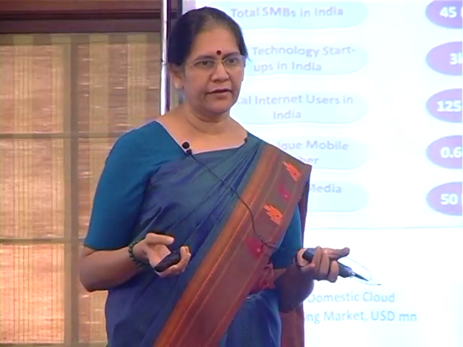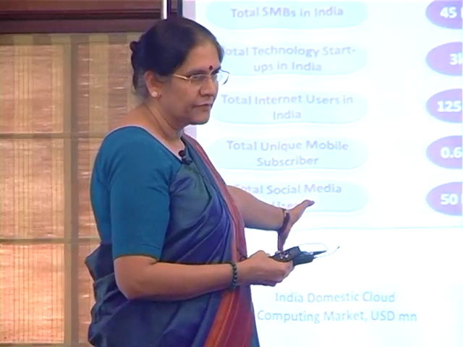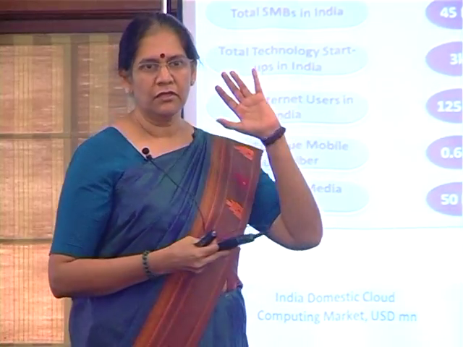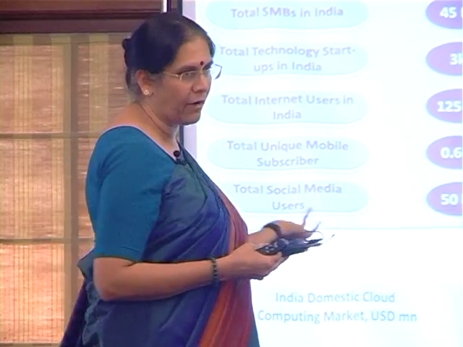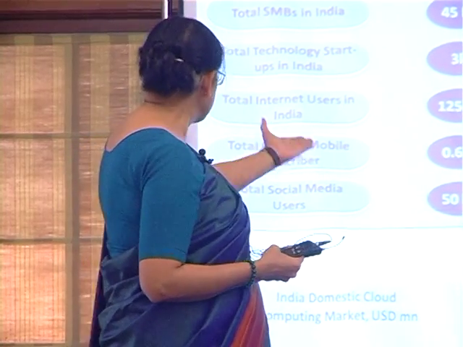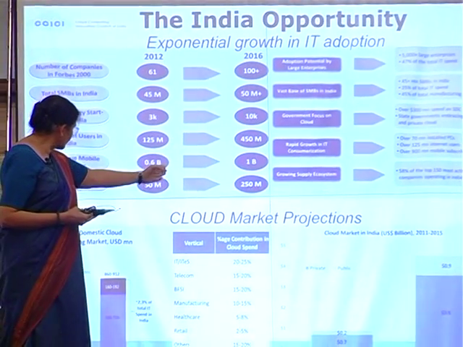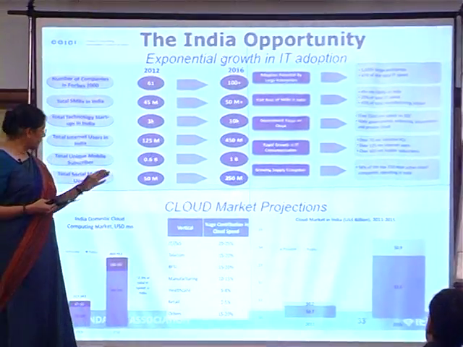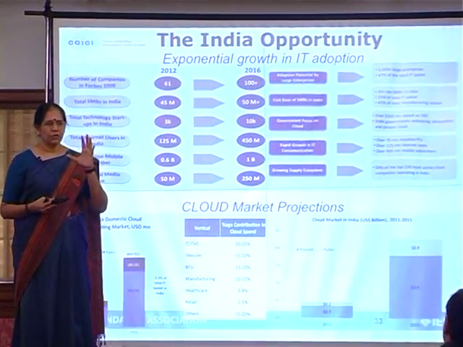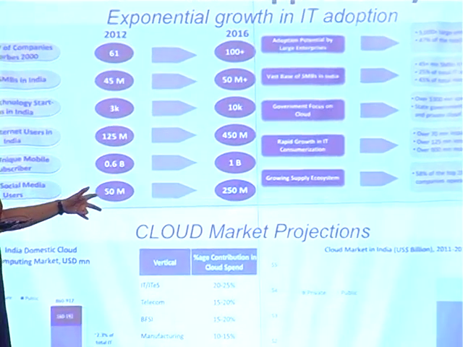You all know that there's every indicator that India is ready for cloud, right? In terms of usage of Facebook and all the social media applications and mobile. And the business is ready for cloud. 900 million going to 4 billion is the projection. But there are two factors to this.